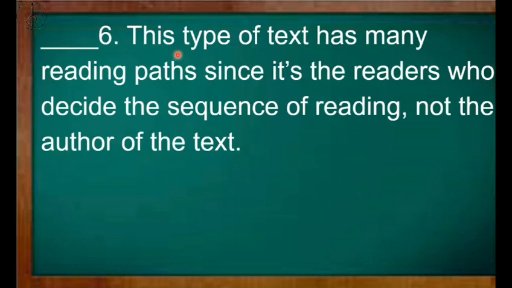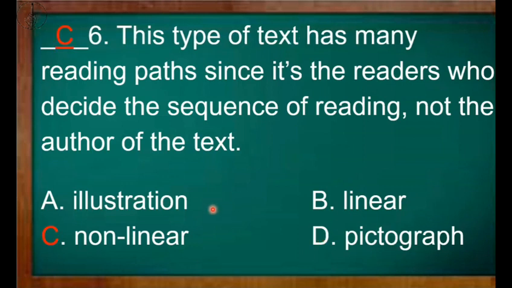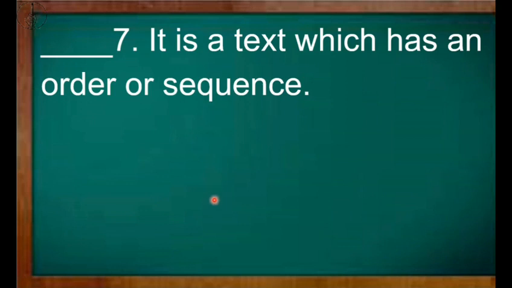Number 6, this type of text has many reading paths, since it is the readers who decide the sequence of reading, not the author of the text. A, illustration. B, linear. C, non-linear. And D, pictograph. The correct answer is C, non-linear. Number 7, it is a text which has an order or sequence.